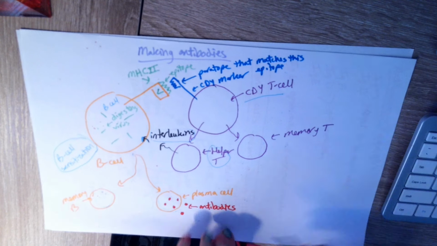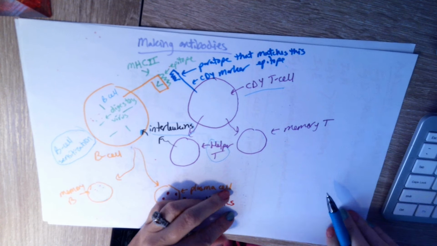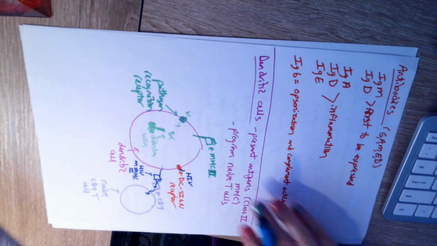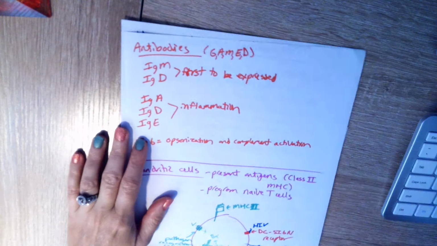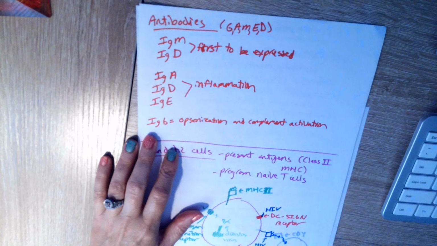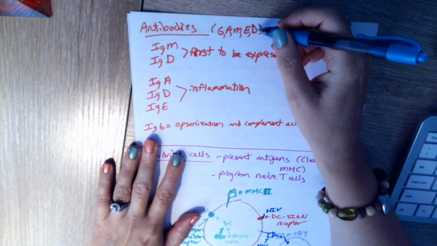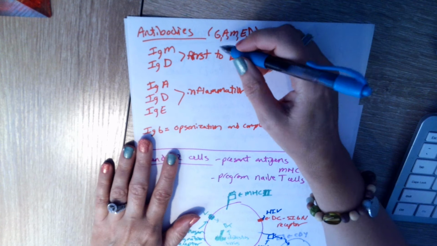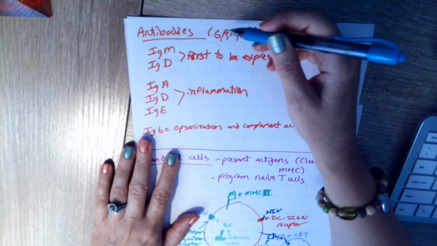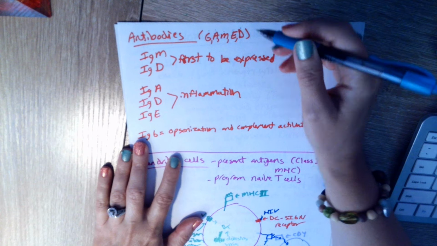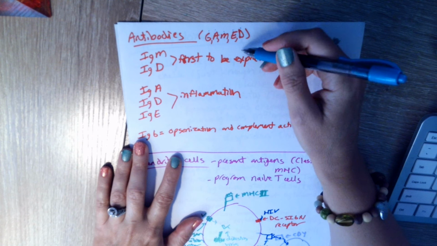So what do those antibodies do? There's a variety of different things that the antibodies can do. And we're just going to get a brief rundown because there are many different subtypes here, and they all have subtly different things that they can do. But the main types are G, A, M, E, and D. And then there will be little subtypes within each of those.